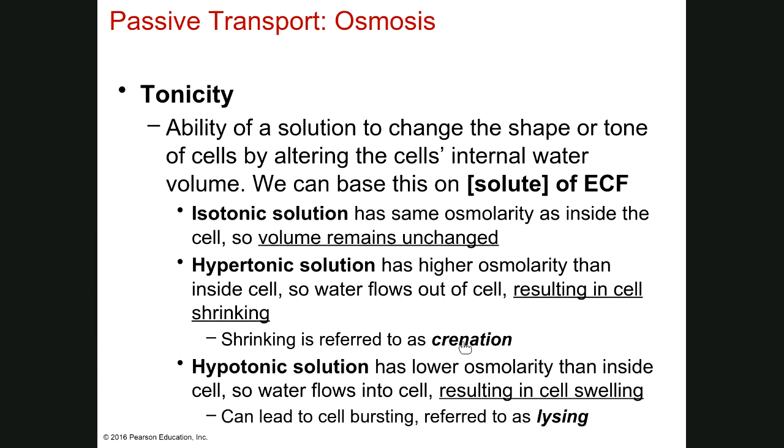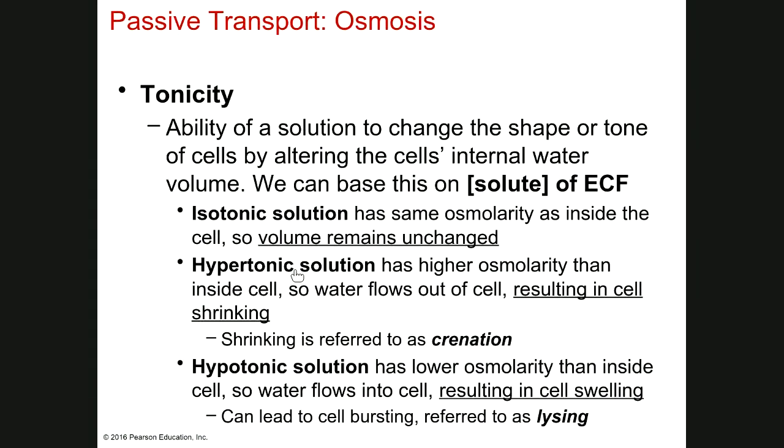You really want to be able to put these terms together in a sequence. You'll need to know, first of all, which way is water flowing? Is water going in or out of the cell based on solute concentration? Then you want to figure out, does this mean it's a hypertonic or hypotonic situation?